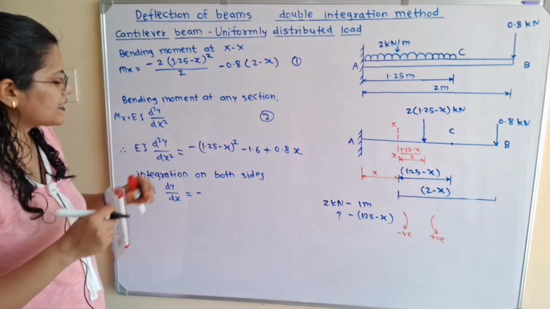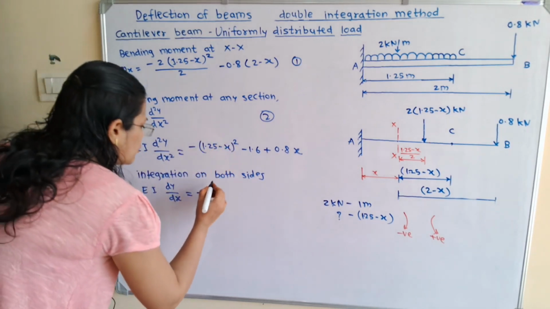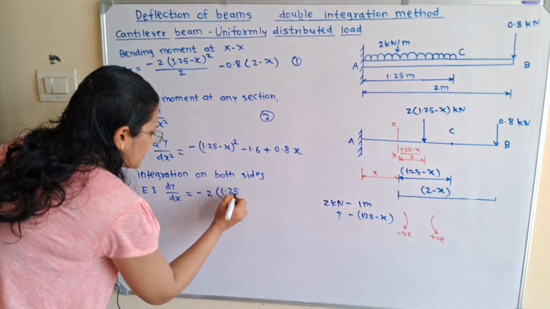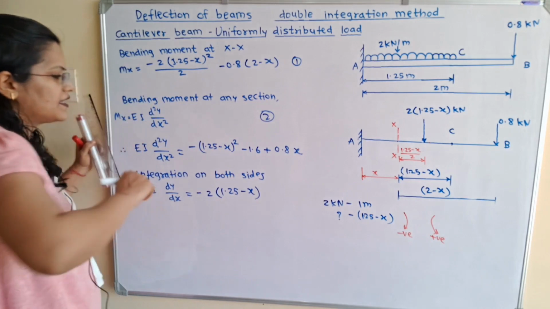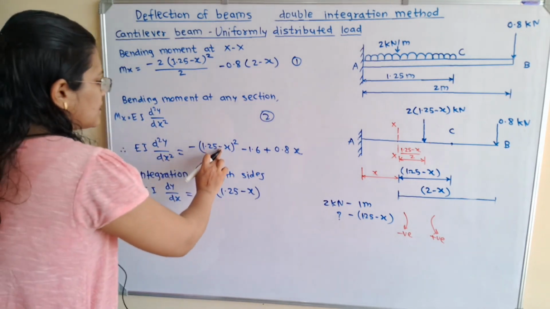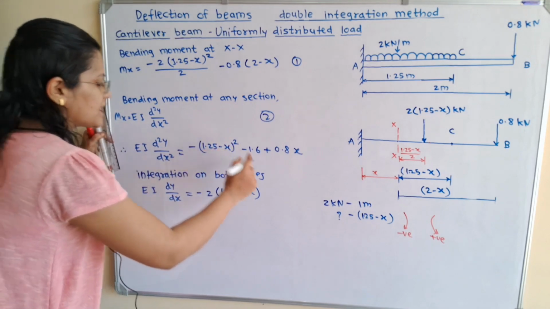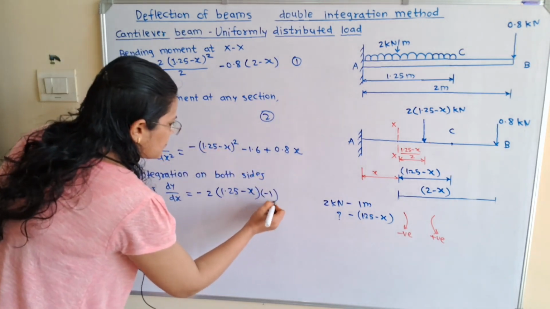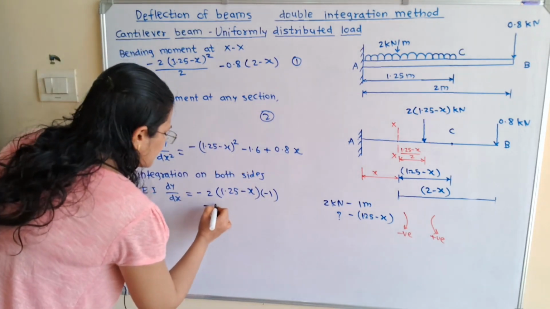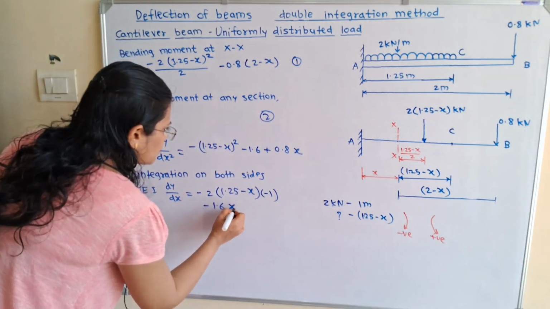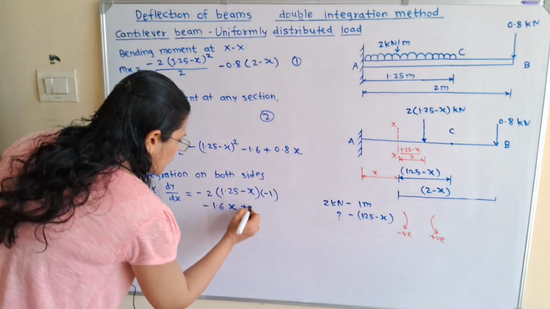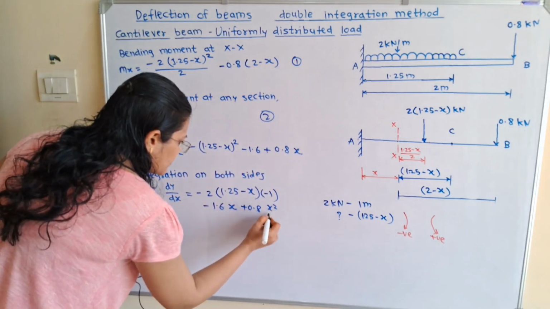So this integration is 2 inside the bracket 1.25 minus x, and because of this minus x we will multiply here with minus 1, and then next is minus 1.6 into x, and then plus 0.8 x square by 2.